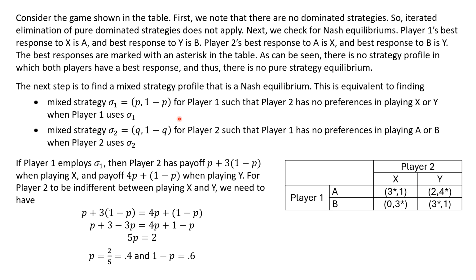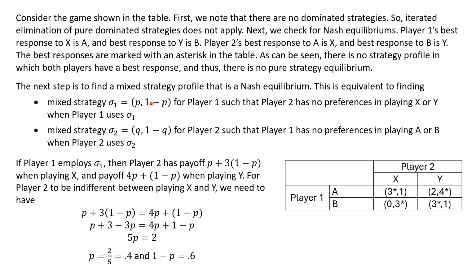So we go to the next step, as we've done before, and we define mixed strategies. We'll call the mixed strategy for player 1 sigma sub 1, and that involves playing A P proportion of the time. And then, of course, B, being the only other option, would be 1 minus P. So these two have to add up to 1, right? There's the law of total probability.